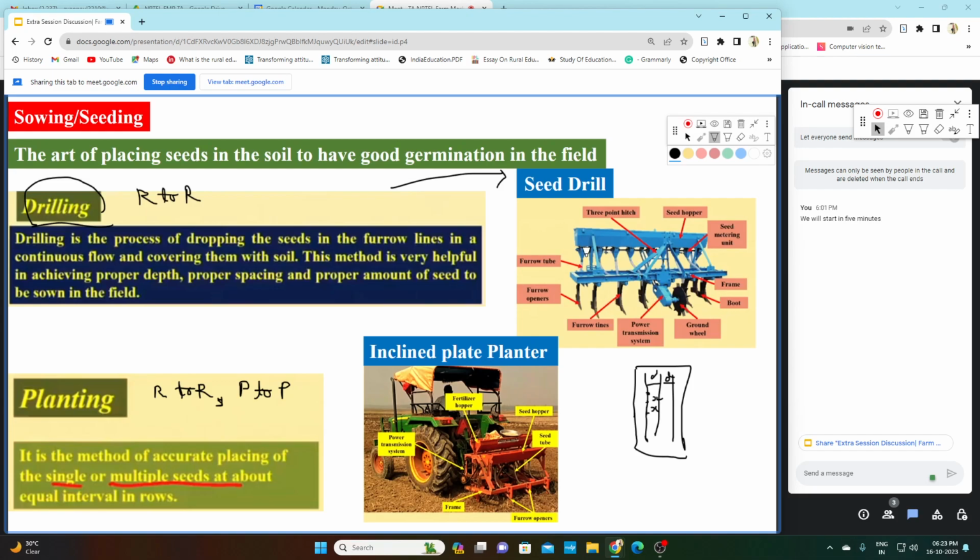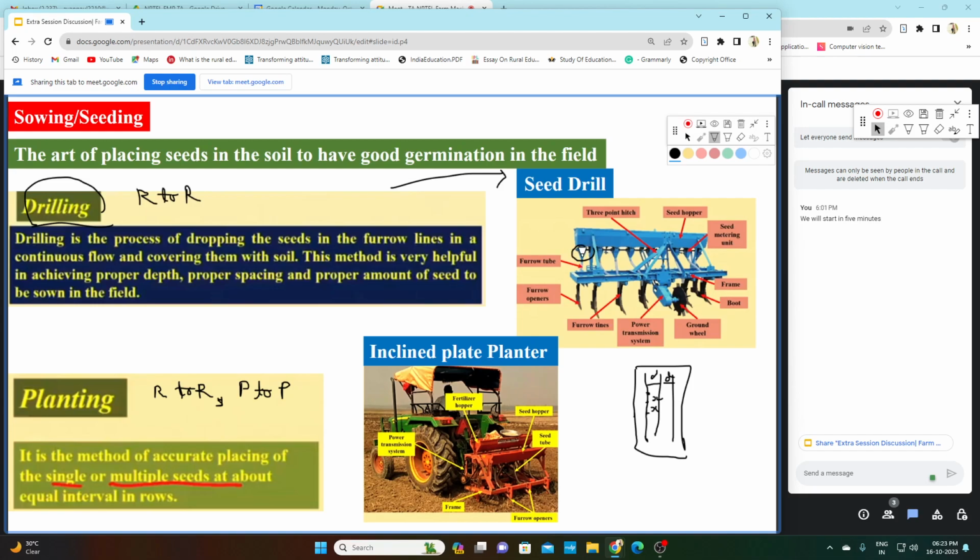Now this is the ground wheel. What is the function of the ground wheel? Whenever your tractor moves forward, this ground wheel will also rotate, and as it rotates, the seed metering mechanism will also operate.